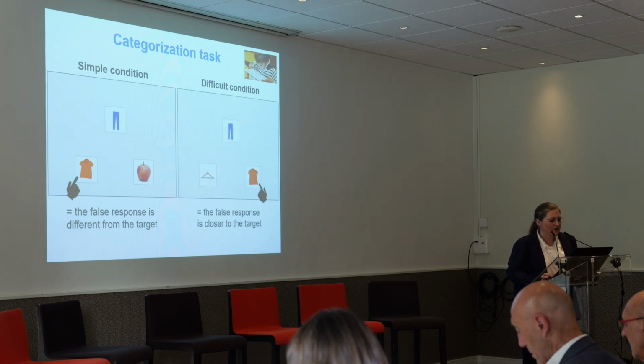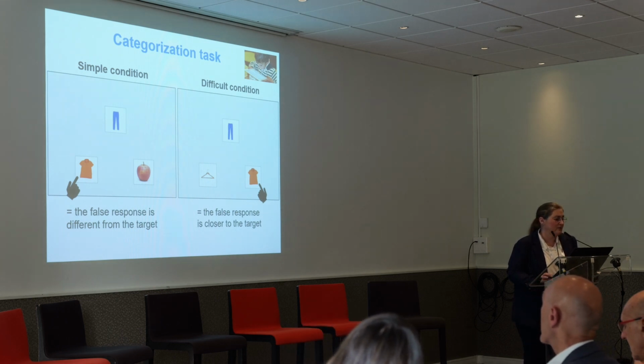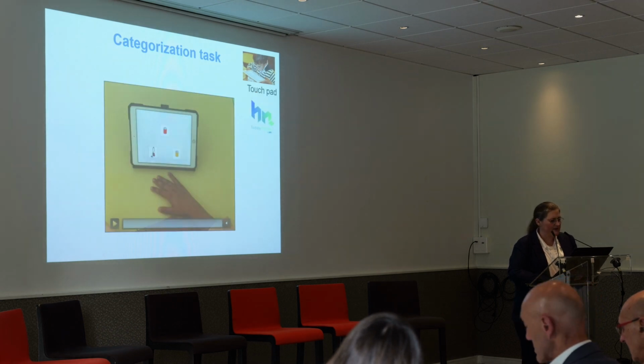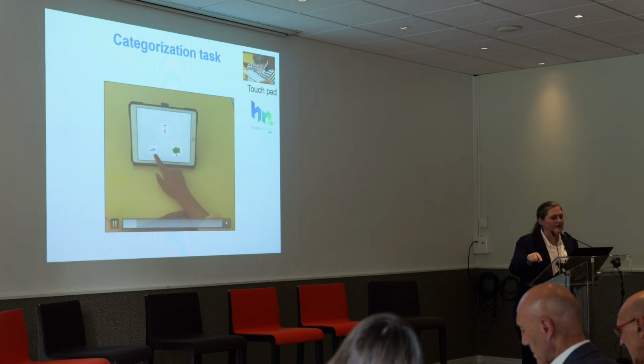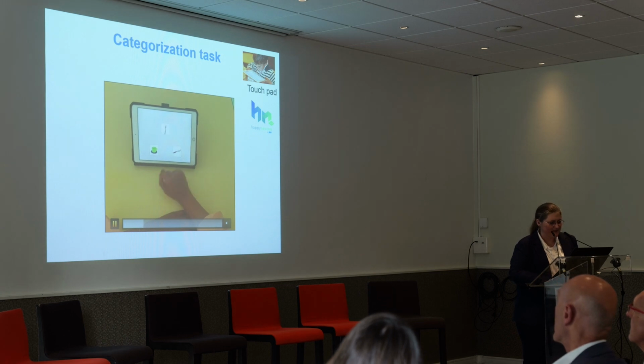So the false response being closer to the target makes it more difficult to find the right answer. Again, very simply, on the tablet, you just click. And in order for them to keep going, when you find the right answer, it moves, it turns around. So it's kind of nice.